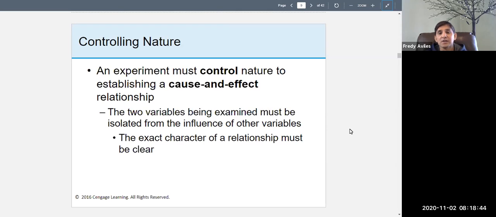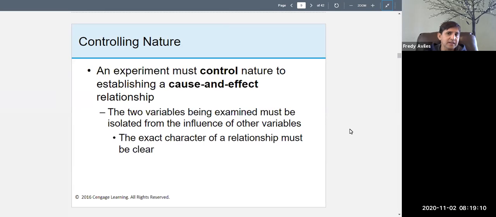We need to make sure that our independent variable is what is causing our dependent variable. We want to control the other extraneous variables. We want to control maybe things like temperature, things like mood, other things that could possibly have an effect on the outcome of the experiment. If, for instance, we're determining the effect of exercise on weight, we want to control other things.